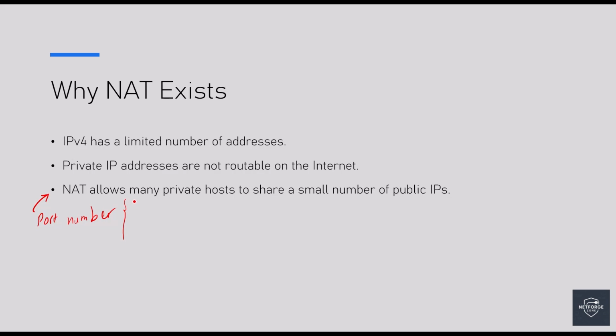For example, you know that port 80 is for HTTP, port 443 for HTTPS, 20 and 21 are for, let's say, FTP, 22 is for SSH, 23 is for Telnet, and 53 for DNS, and some of the port numbers have been assigned. So these are the well-known port numbers, but we do not really use these. What we use is a range of port addresses that is not used for these well-known things.